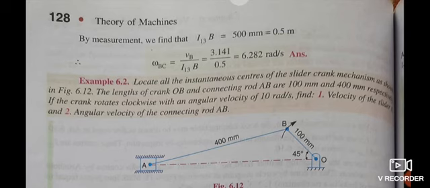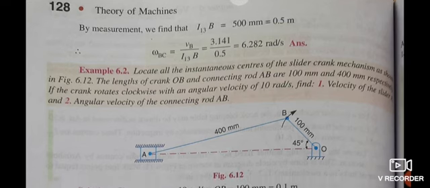So this is the figure of the question. AB is 400 mm and BO is 100 mm, and point B moves in clockwise direction with an angular velocity of 10 radian per second.